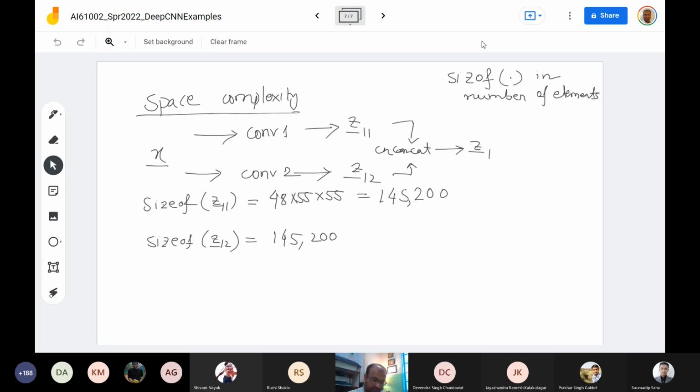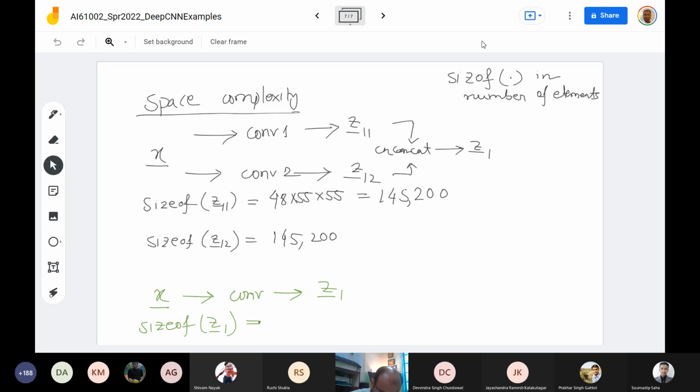145200. Okay, so now that you have this one created out over here, in the next case, when I have only a single convolution, what will be the size of Z1 over here?